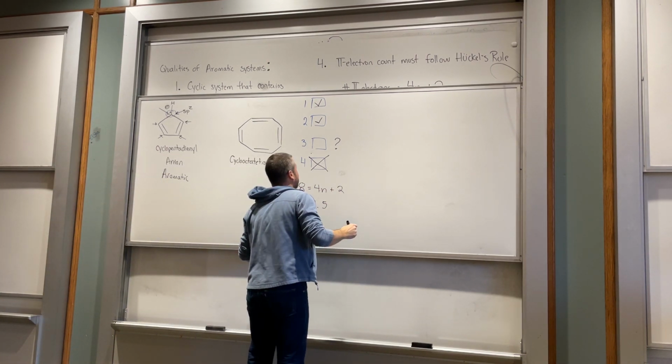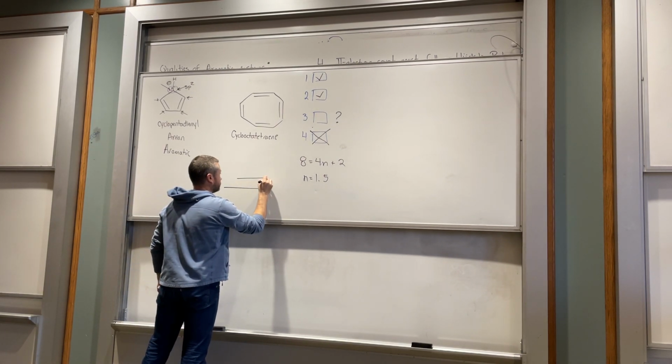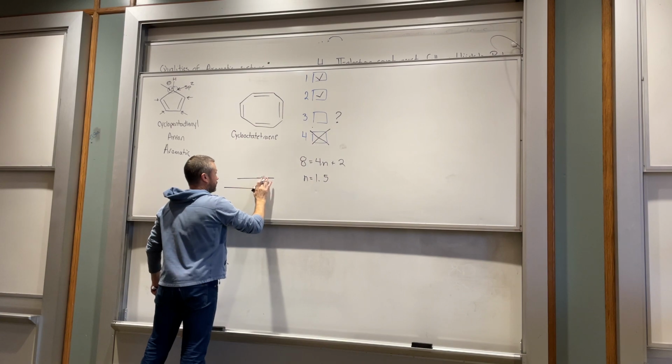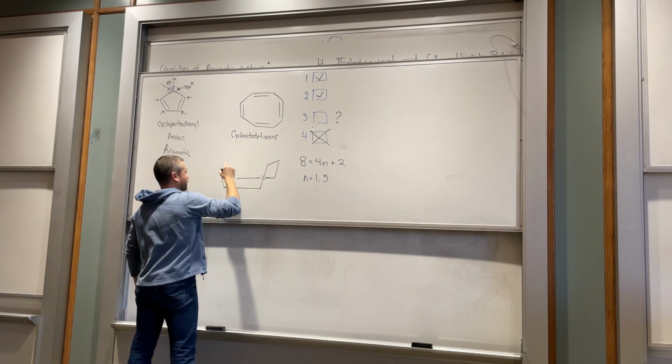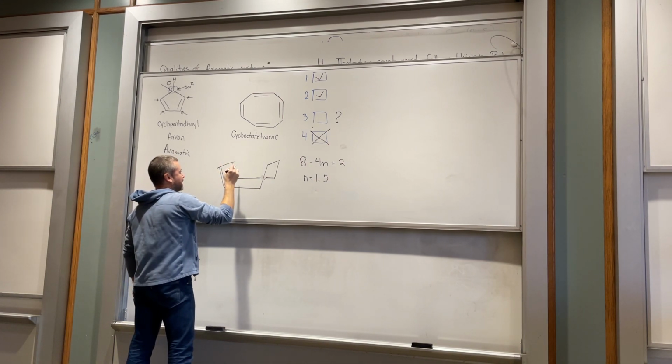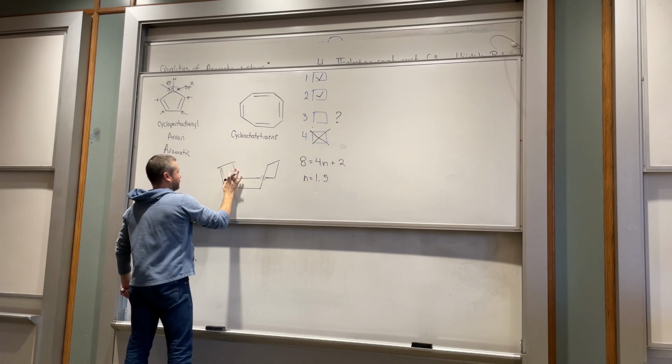Okay, and so what cyclooctatetraene does to prevent itself from being anti-aromatic, it actually adopts a shape that is not planar.